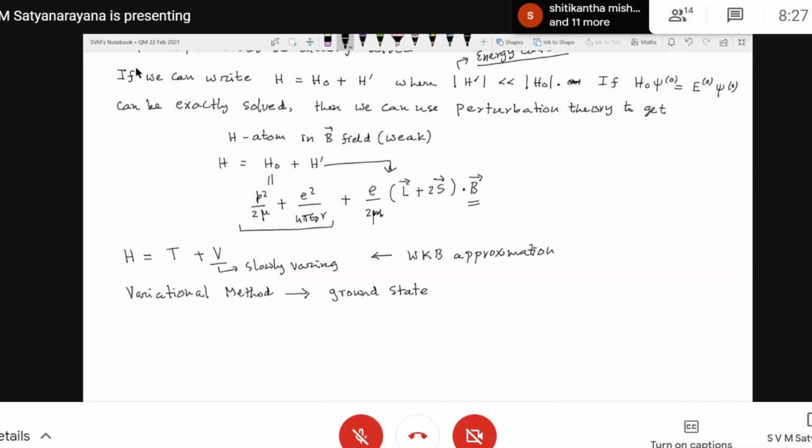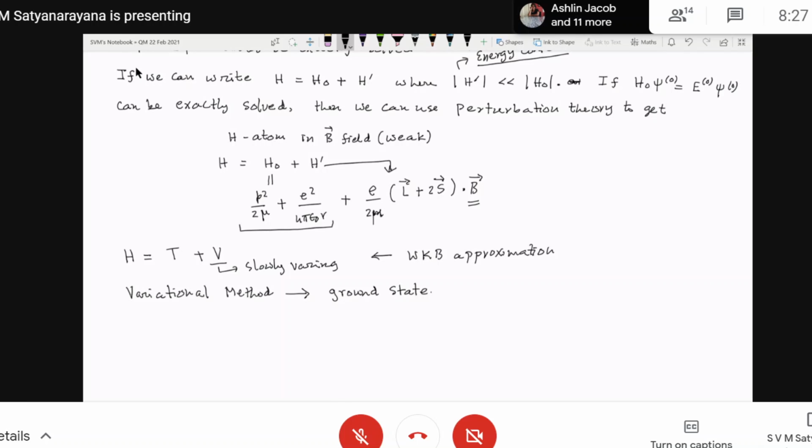So as we have seen in the last class, the WKB approximation sometimes will give us all the energy eigenvalues, of course approximate energy eigenvalues. And in perturbation, you can calculate the correction to any energy level.